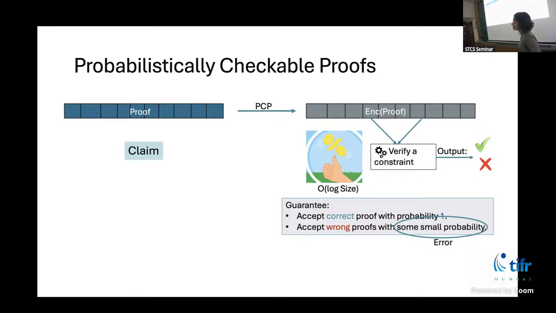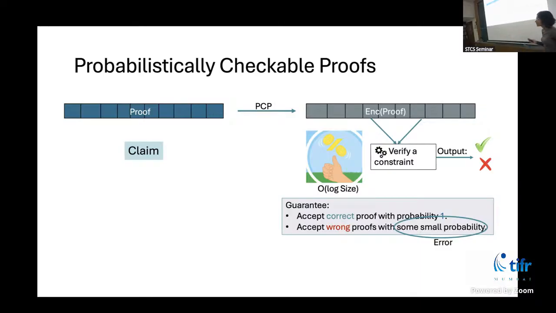The second guarantee is only for claims that are false. Sorry, I should have said, this is the yes case where the claim is true, and the no case is where the claim is false. Imagine for a claim a 3-SAT instance which is satisfiable in the yes case and unsatisfiable in the no case. We don't care about the case where you give a wrong proof for a correct claim; there it becomes a bit murky.